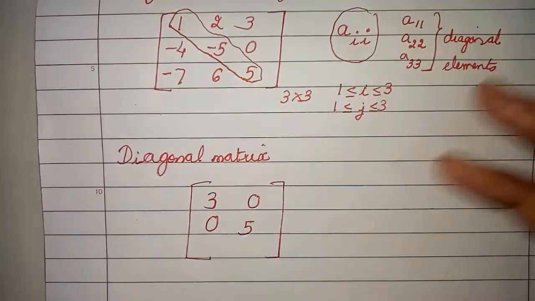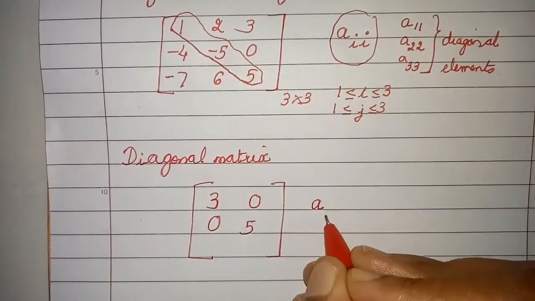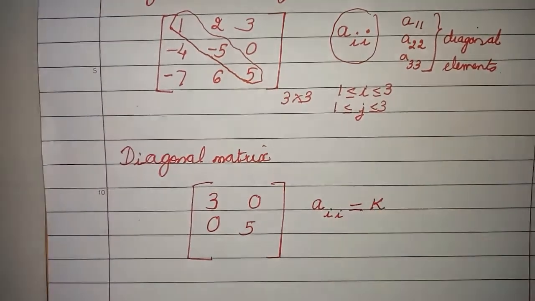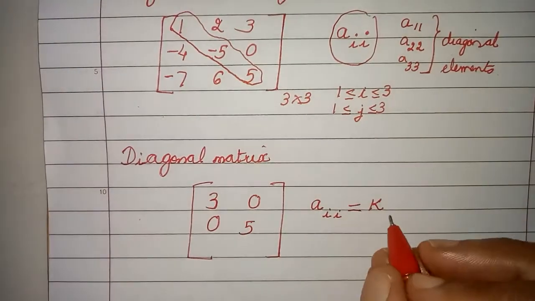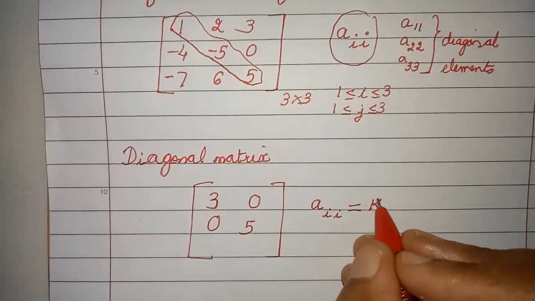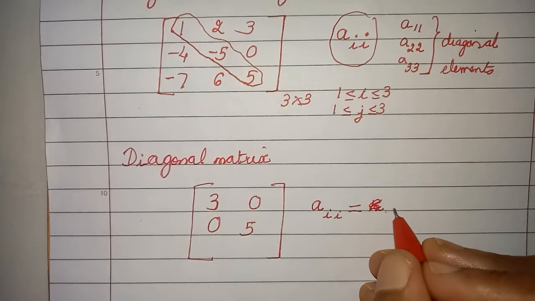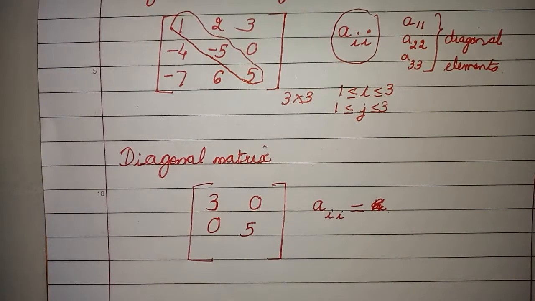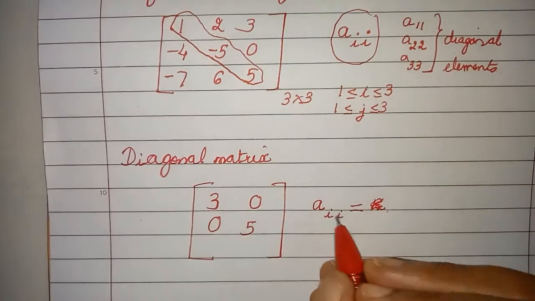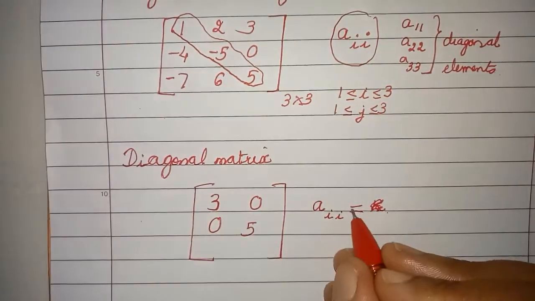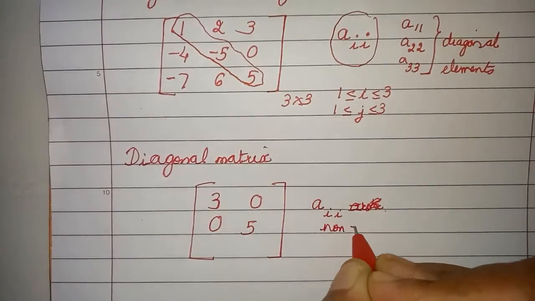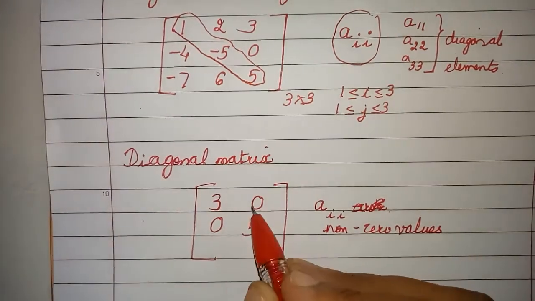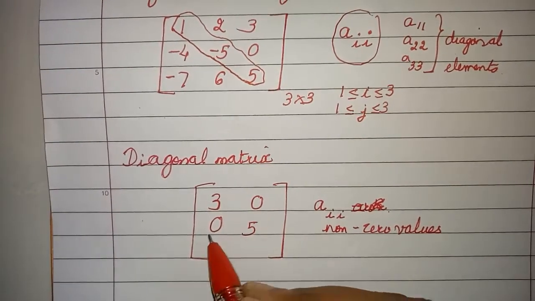So what is happening here, children? My diagonal entries are taking some different constant values, some non-zero values. Also you can see that the off-diagonal entries are 0.